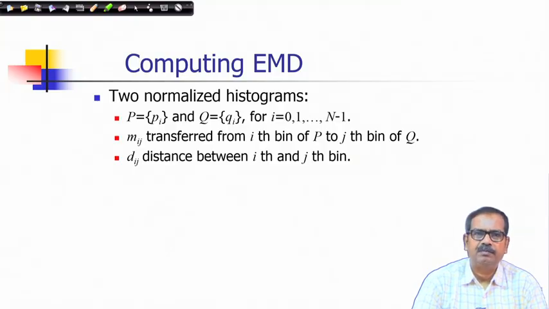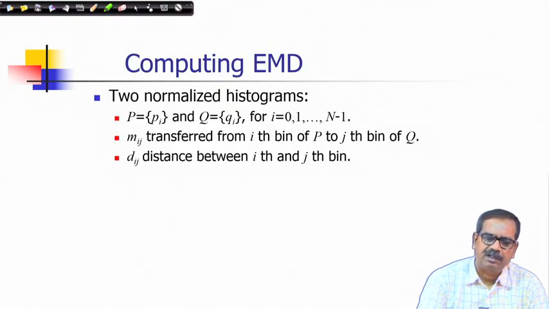There are n bins, and Mij denotes the mass transferred from the ith bin of P to the jth bin of Q, and Dij expresses the distance between the ith and jth bin, that is the distance between locations.